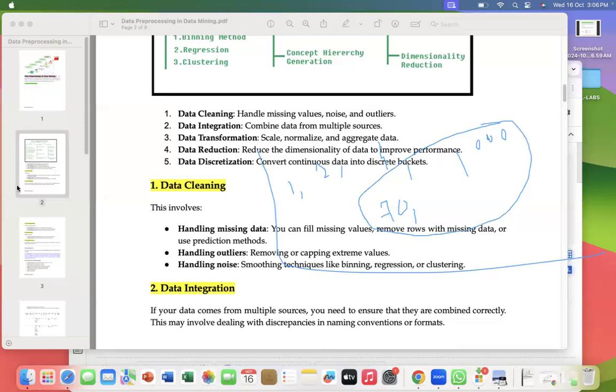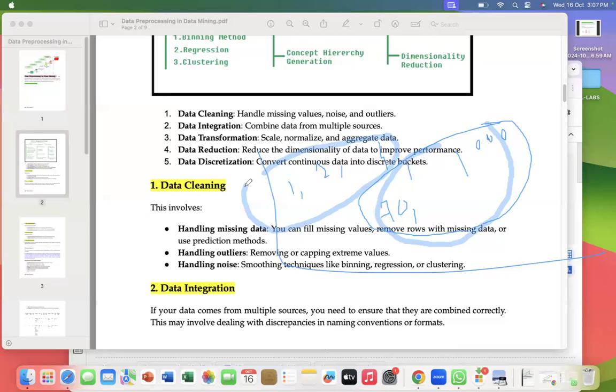Exactly, right. So 70 and 80, they are far beyond the other values. You have to notice that the maximum of the values lie under one range, and a few values are lying under some different range, very far away from our normal values.